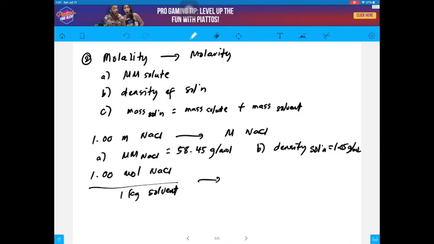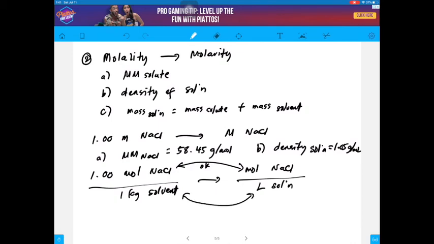We would like to convert it to molarity, which is moles of sodium chloride over liters of solution. So we already know the moles of sodium chloride. These are equal. What we need right now is this.